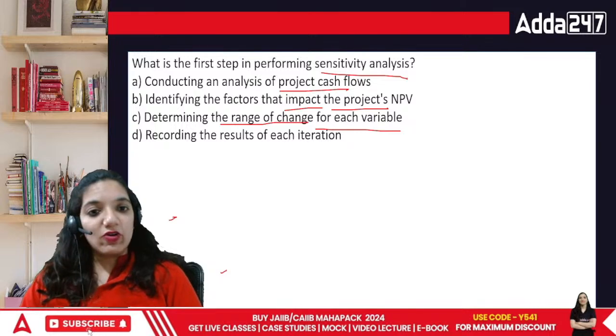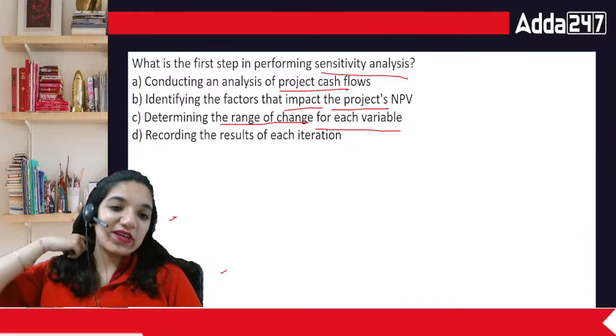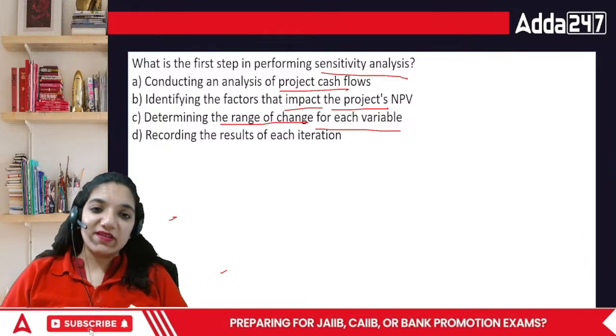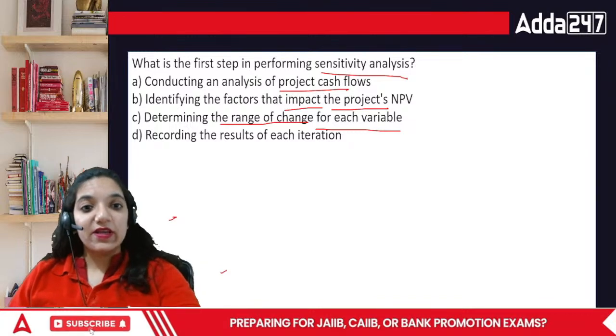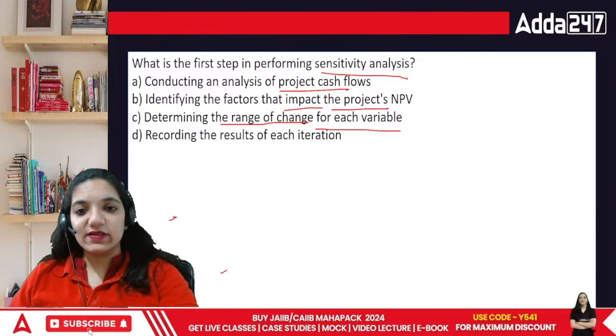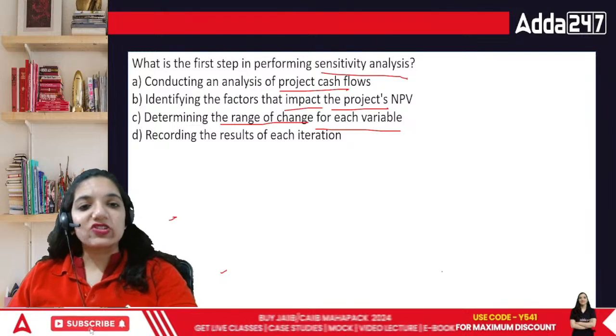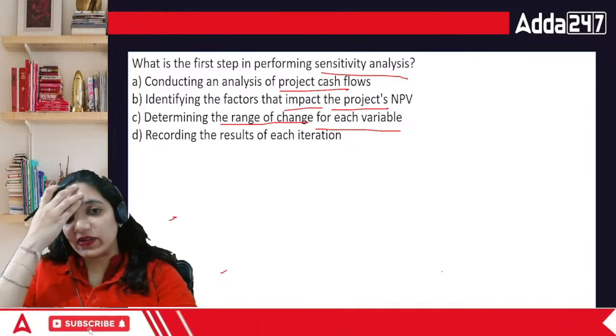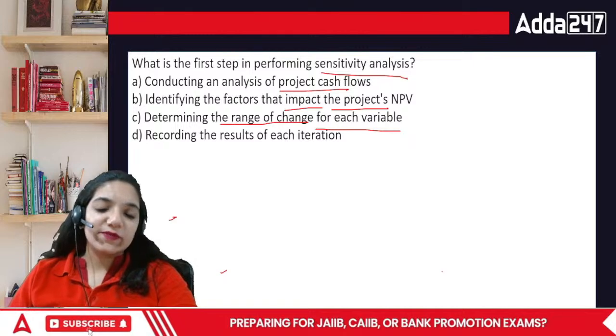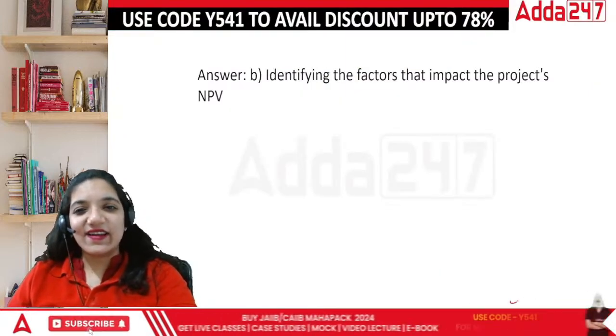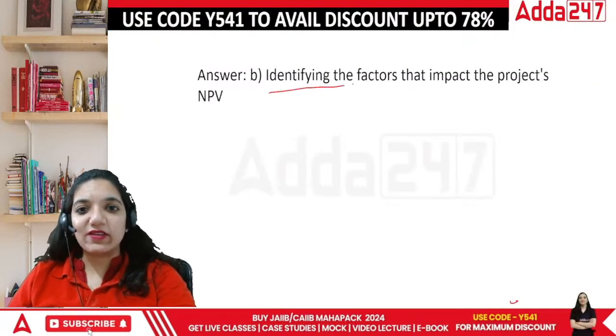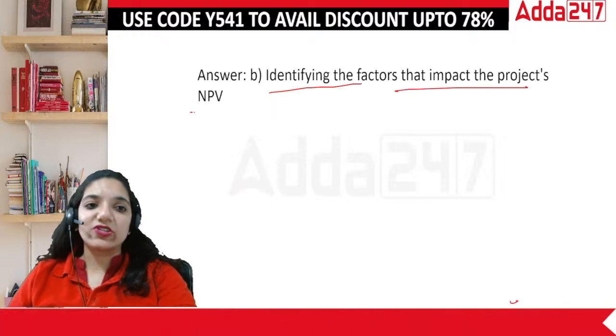Whether it's required for a longer period, shorter period, how is it even required? All those things have to be studied now. So in this case, conducting an analysis of the project, identifying the factors. What is more important? I think the most important thing is identifying the factors. I need to identify the factors which can impact the project.